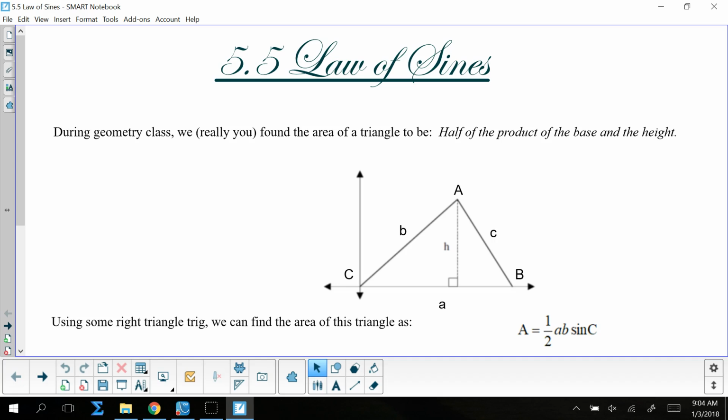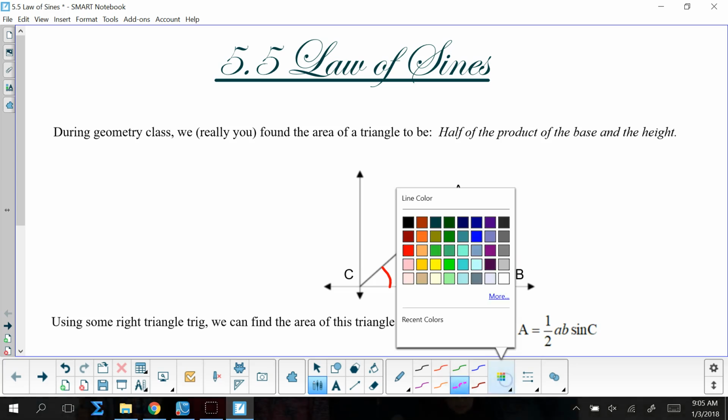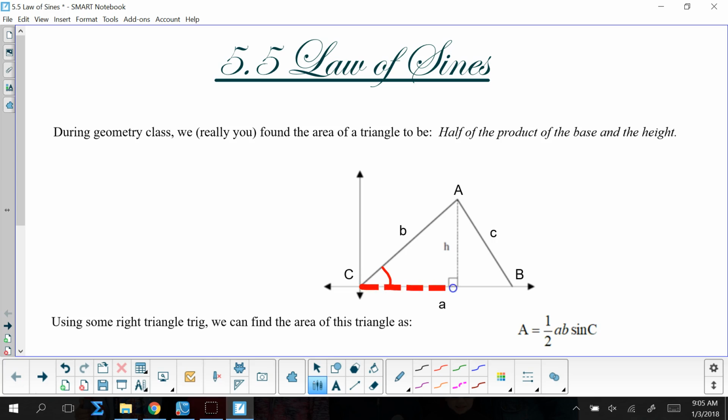So if I were to look here at angle C, if I lock in angle C, and I look particularly at that triangle, because now I've got a right angle, I've got a right triangle, I can say with great certainty that the sine of angle C is the height of that triangle over side B. Right?